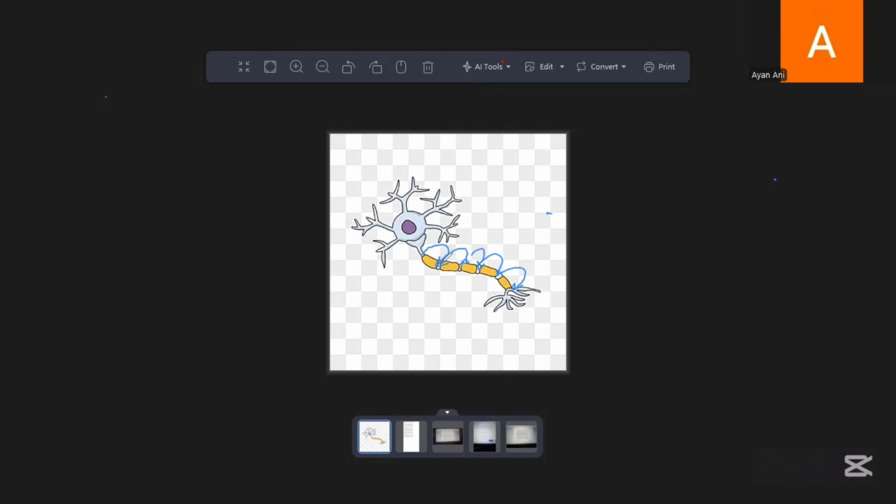These gaps are called nodes of Ranvier. So in myelinated axon fibers, conduction is faster because the nerve impulse jumps from one node to another node of Ranvier. This faster conduction from one node to another is called saltatory conduction.